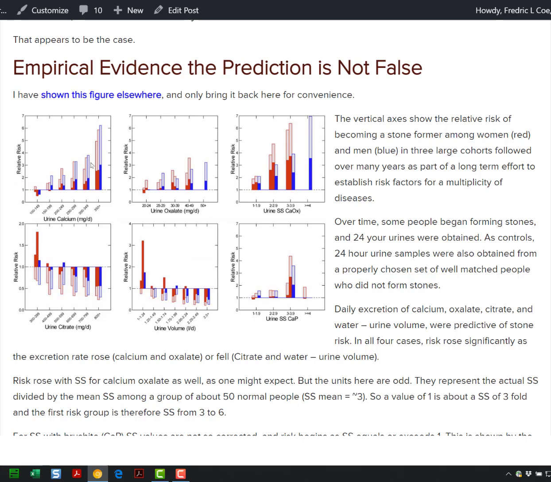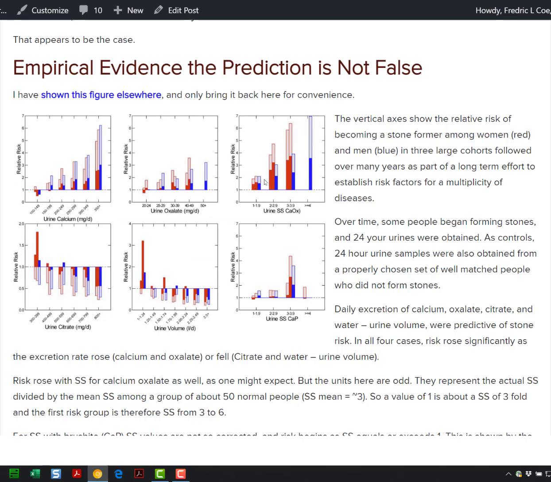All of you who read this site have seen this epidemiology. Two female cohorts in red, a male cohort in blue, relative risk of becoming a stone former versus urine calcium, urine oxalate, urine volume goes down with volume, urine citrate goes down with citrate.